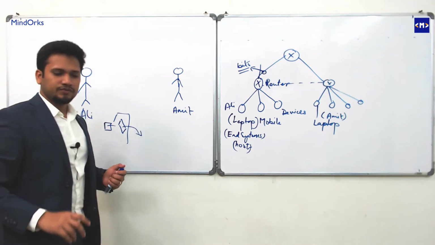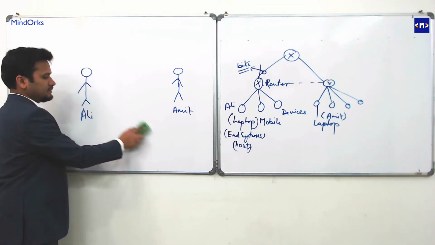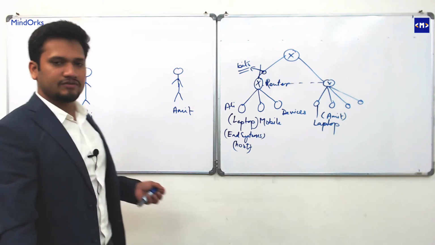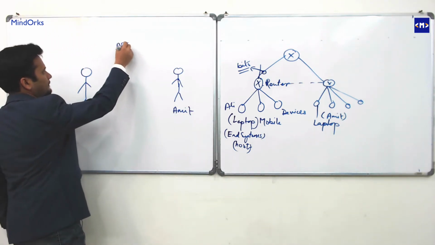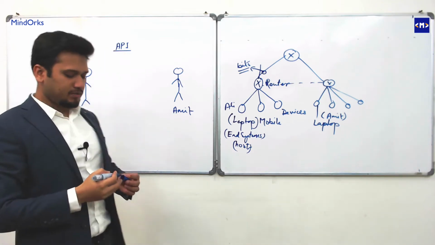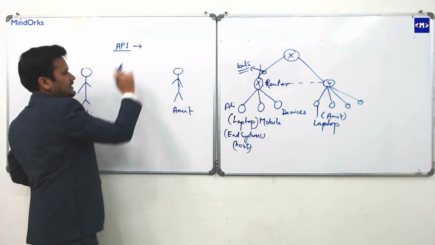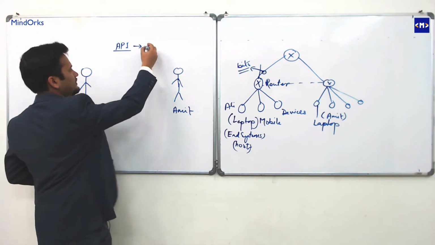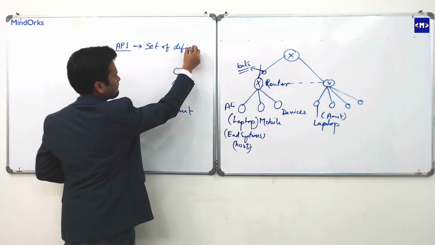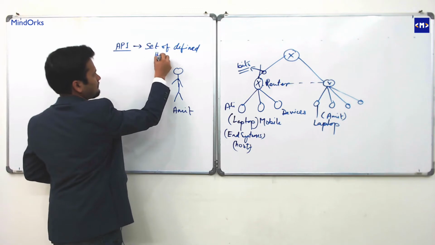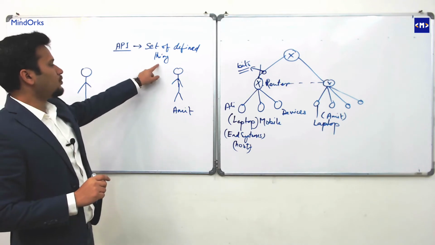So in order for this message to get delivered to Amit, there is a very important concept, which is API. API is Application Programming Interface. APIs are basically a set of defined things that will take place when we want something to be done.